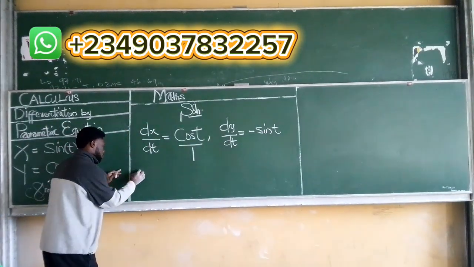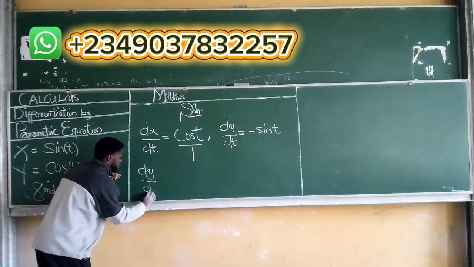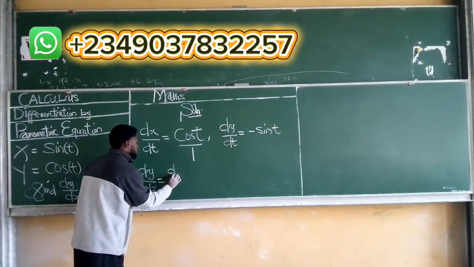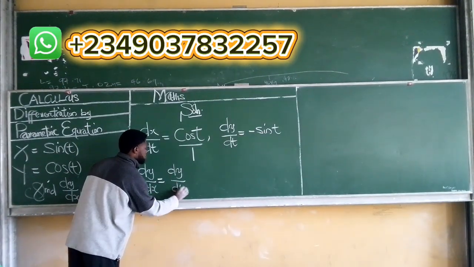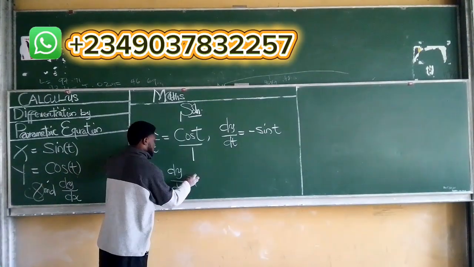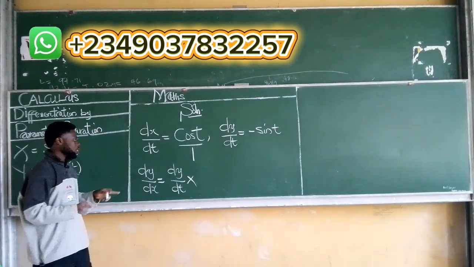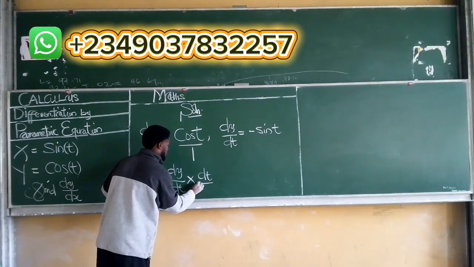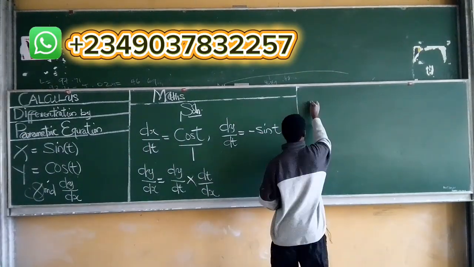Therefore, dy over dx is going to give dy over dt times the reciprocal of this, that is dt over dx.